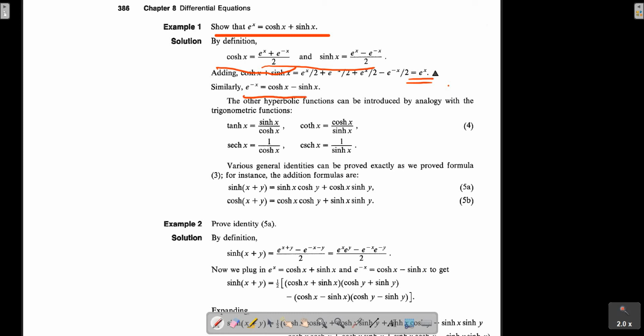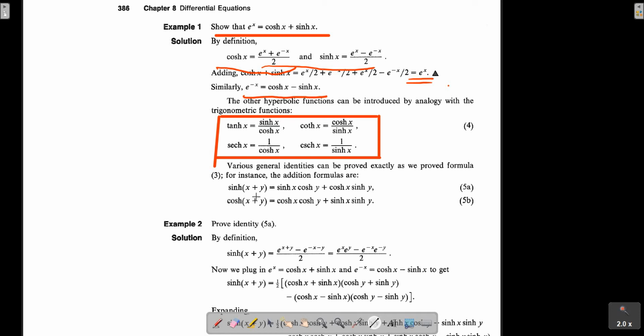Similarly, we can see that e raised to minus x is equal to cosh x minus sinh x, and other hyperbolic functions are also introduced by using these. Hyperbolic tan x is equal to sinh x by cosh x, hyperbolic cot x is equal to cosh x by sinh x, hyperbolic sec x is equal to 1 by cosh x, and hyperbolic cosec x is equal to 1 by sinh x.